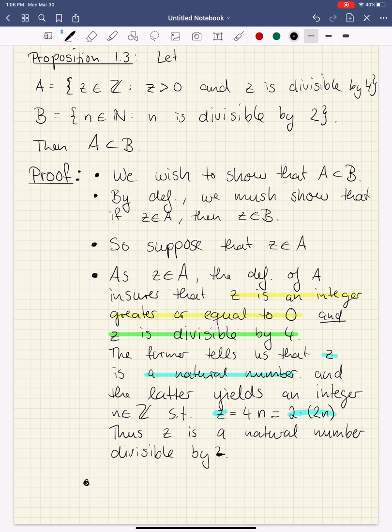And now we get to the last bullet point, our conclusion. So now we conclude that z is in B. And so we have shown that A is a subset of B.